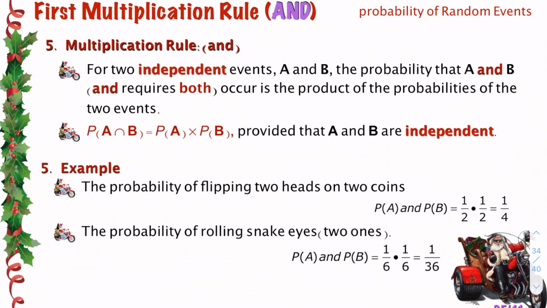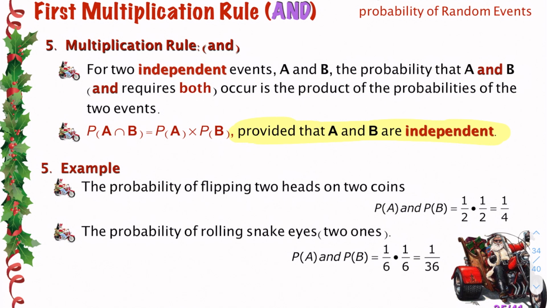If we're talking about and, or means add, and means multiplication. For two independent events A and B, the probability that A and B, which requires both to occur, is the product of the probabilities of the two events. So the probability of A and B is equal to the probability of A times the probability of B, provided A and B are independent.